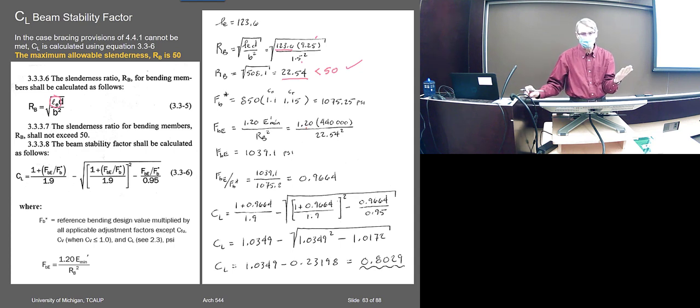So if you had an RB of 10, you'd think CL's got to be very close to 1.0. In this case, it's kind of in the middle, but I think the graph of it, if I remember how it goes, it's one of these graphs, right?